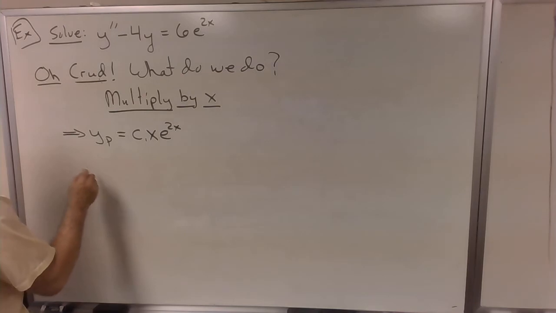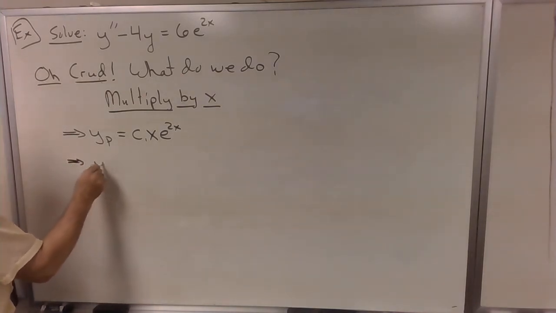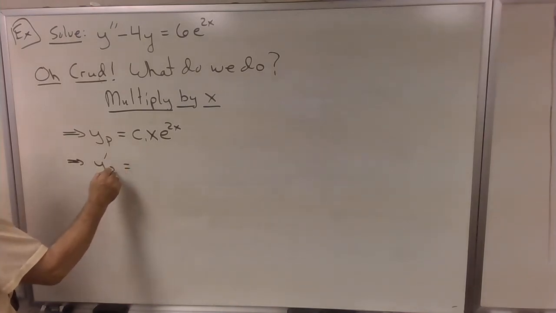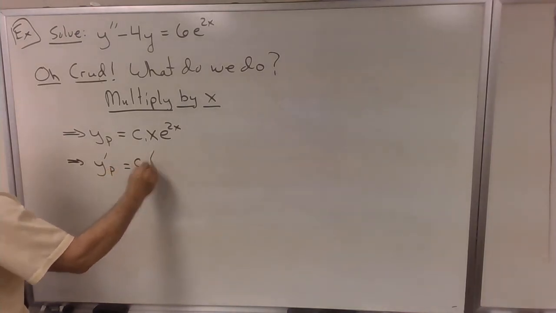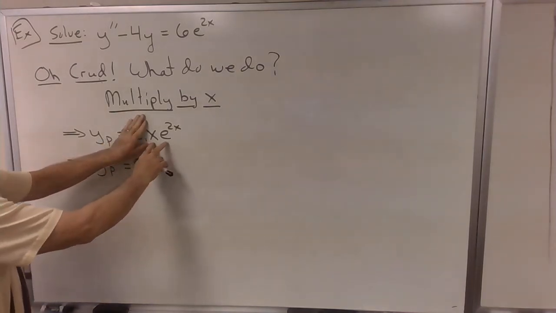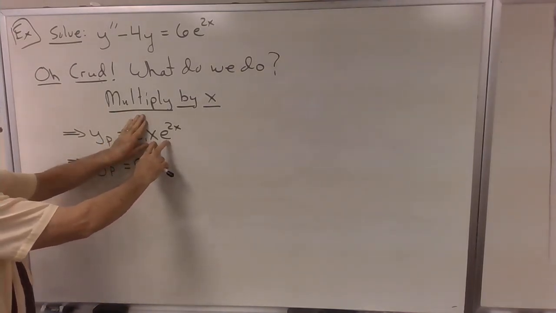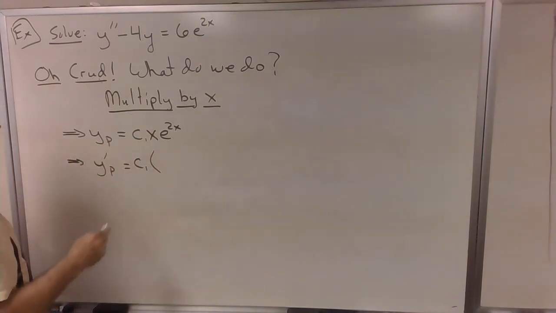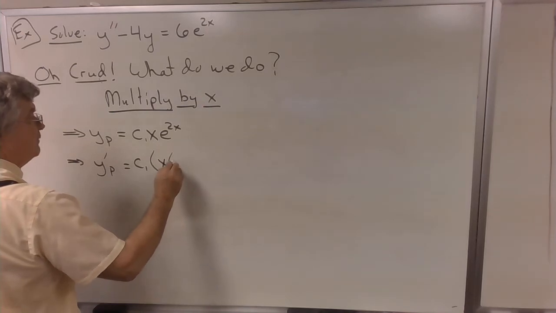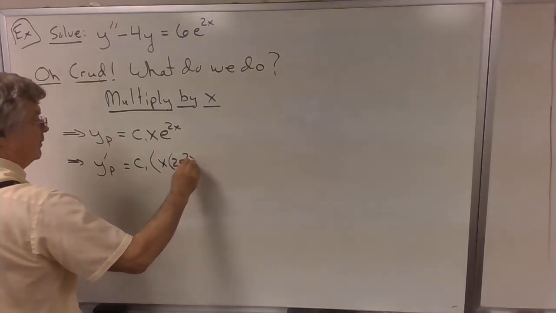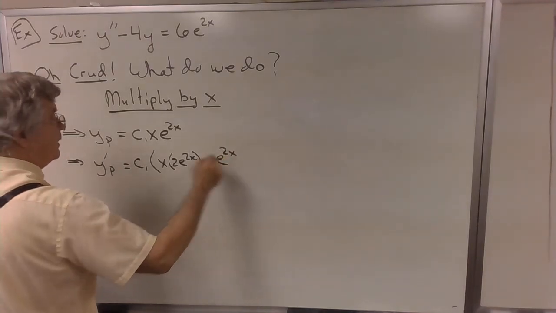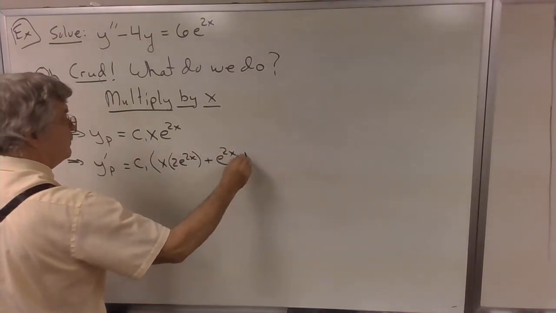Now we'll compute y prime and y double prime. Let's see, what do we get when we compute y prime? We get c1, and then, isn't this a product? We got to use the product rule. So we get first times derivative of the second plus second times derivative of the first.